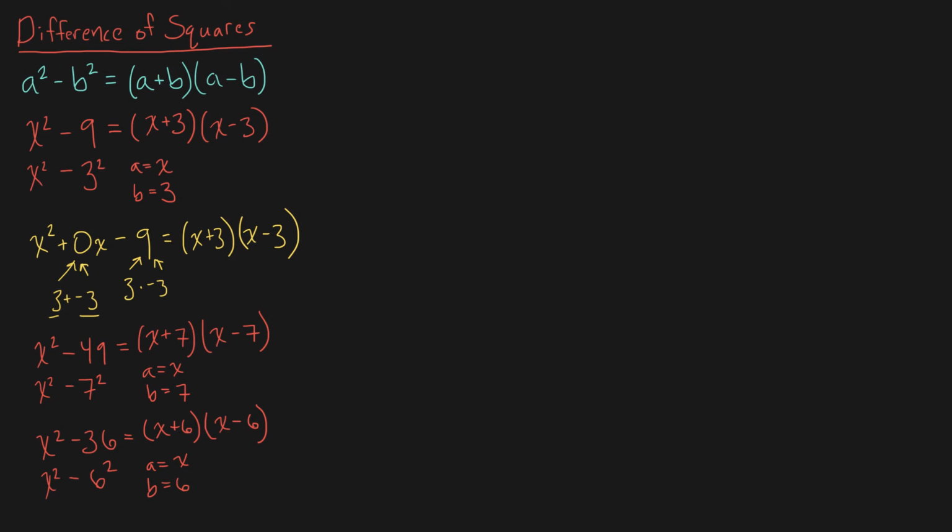The next thing that I want to look at is not so much a pattern, but a situation that comes up a lot when we're factoring quadratics, and that's when we have a leading coefficient that is not equal to 1.